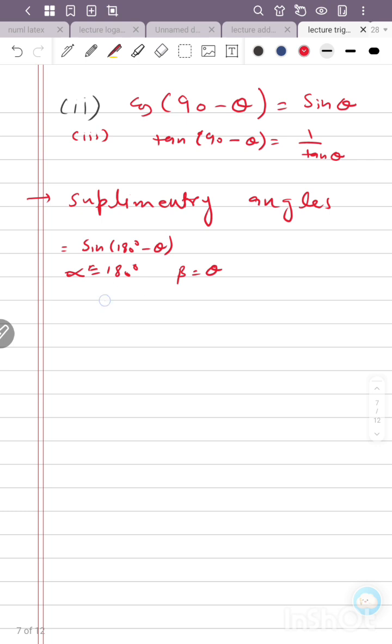So we have to apply sine alpha minus beta: sine 180 cos theta minus cos 180 and sine theta.